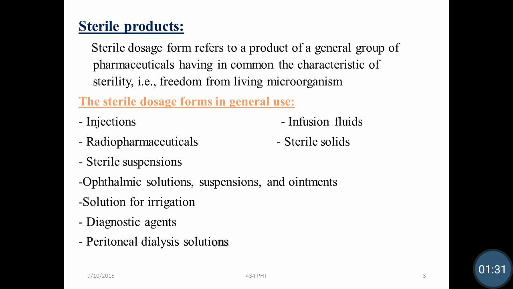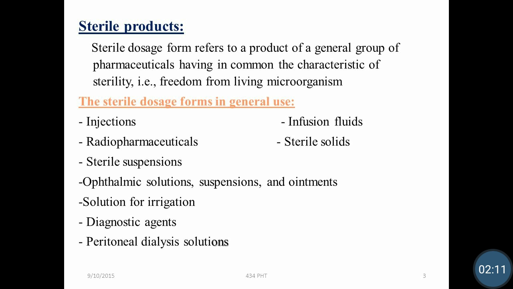Anything which is free from all types of microorganisms, either pathogenic or non-pathogenic, and also free from all types of pyrogens, is known as sterile. The formulation which is completely free from all types of microorganisms as well as pyrogens is known as sterile formulation.